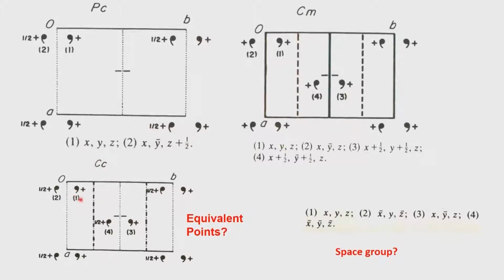So, suppose we call 1 as x, y, z, then we have a point number 3 which is marked here, which is due to the C symmetry operation, which is half, this is the A direction. So, half plus x, and then there is the B direction, half plus y. So, we get this point. So, these equivalent points 1 and 3 are generated by the C centered lattice.